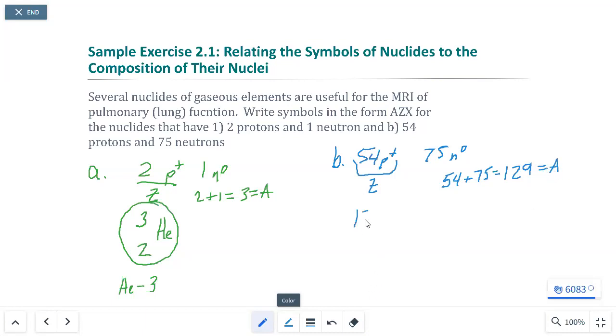So I've got 129 as the top number, 54 as the bottom number. Element number 54 on the periodic table, Xe, is xenon. So here's my correct nuclide notation. We would identify this isotope as xenon 129.